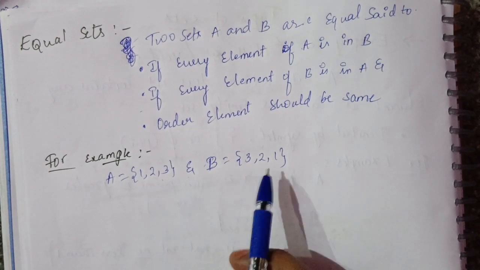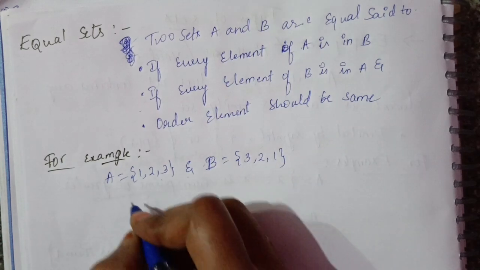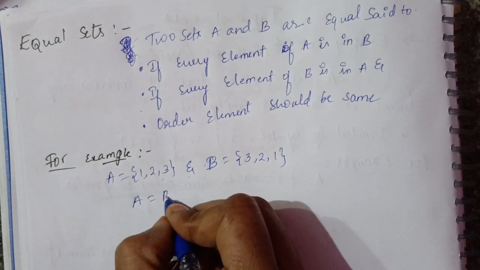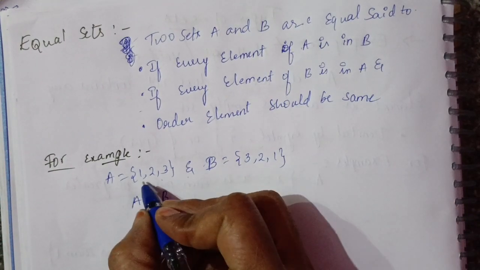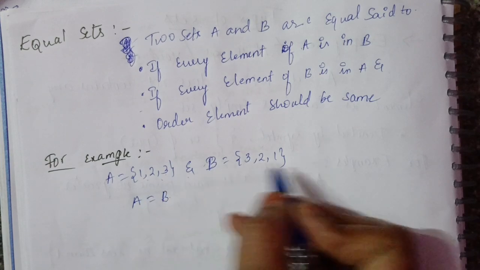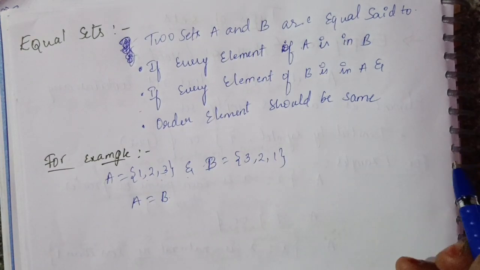Here also 1, 2, 3 is there, here also 3, 2, 1 is there. So we can write A equals B. The number of elements is 3 and 3. Here the order also is the same. Order means number of elements.